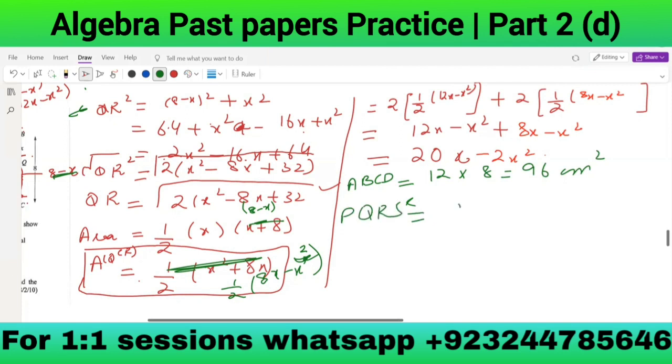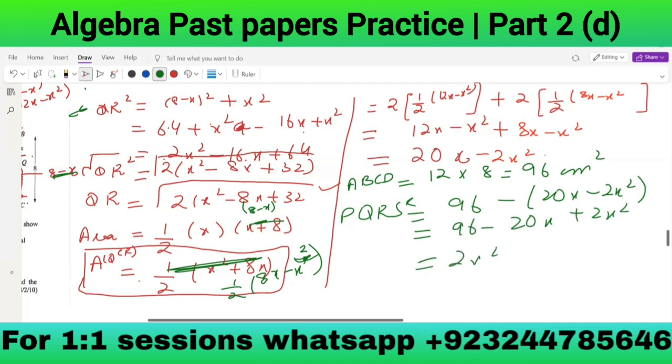So the area of PQRS would be 96 minus 20x minus 2x square. So you will get 96 minus 20x plus 2x square, which is 2x square minus 20x plus 96 centimeter square.